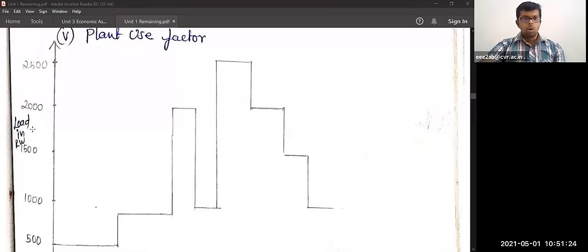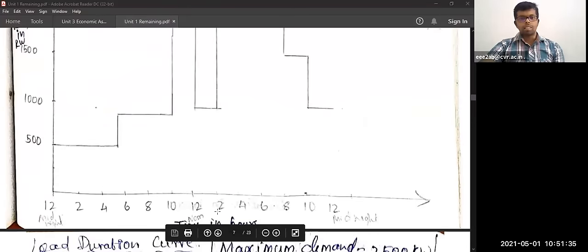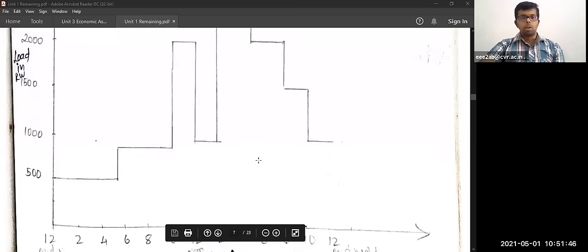Load in kilowatt, or megawatt if mentioned, and time in hours. If you simply write time or period, that will have a different meaning, so the hours unit is very important here.